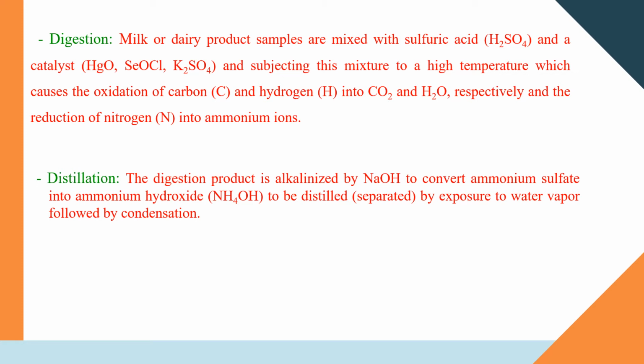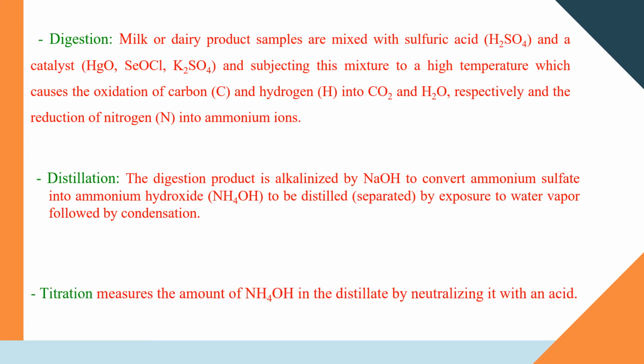In the distillation stage, we also collect the distillate, which is a product of distillation after condensation. We collect it in a flask containing some sort of inert solution like boric acid solution or something like this, and then we titrate it. So the third step starts.